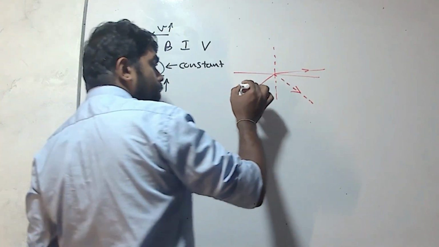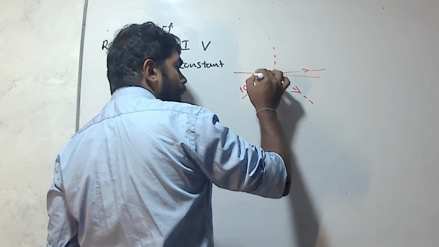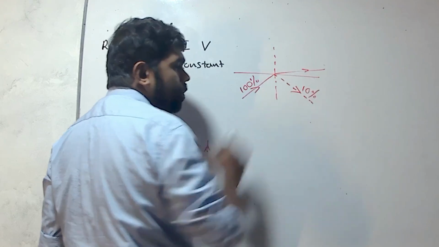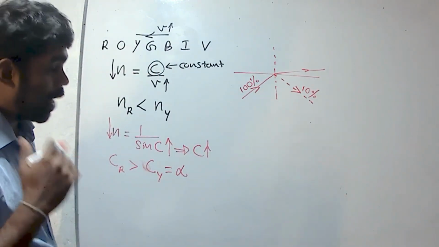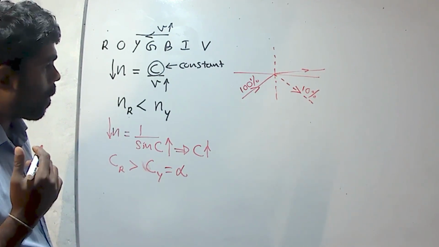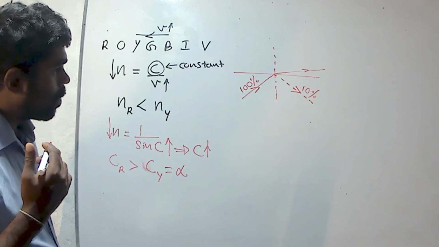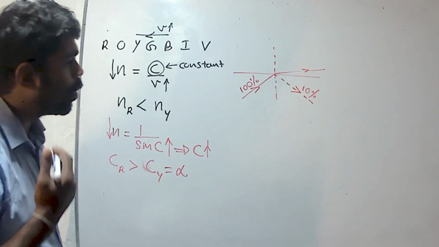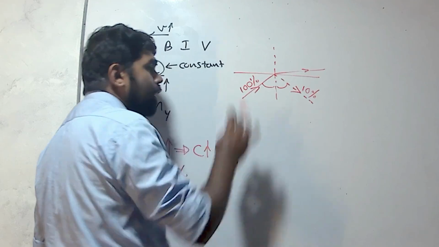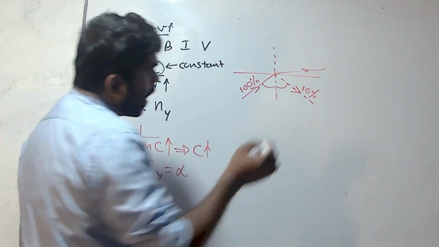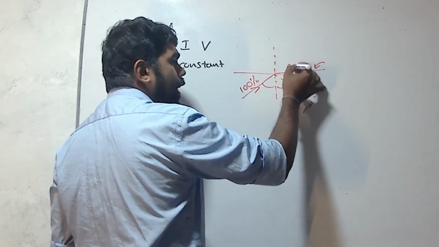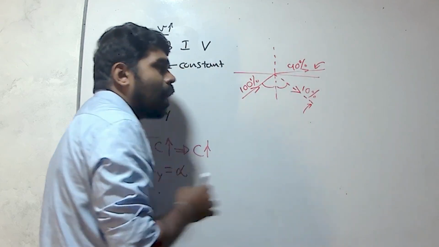If the energy of this wave is 100%, we can observe about 10%, not an accurate value, approximately, moving through the same medium according to the laws of reflection. This angle should be equal to this angle. It is partial reflection. Then this ray is the partially reflected ray, and this ray is the refracted ray. The energy of the refracted ray should be about 90%.